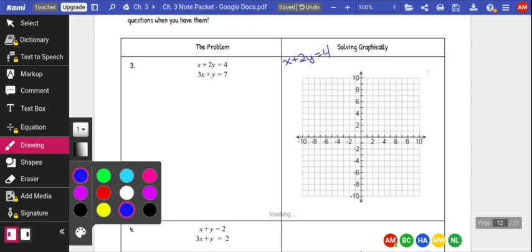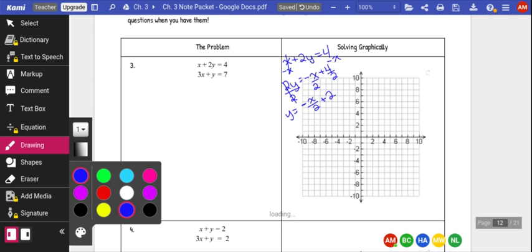So I'm going to subtract an x on both sides. I get 2y is equal to negative x plus 4. Then I can divide everything by 2 to get y by itself. And I get y is equal to negative x over 2 plus 2.